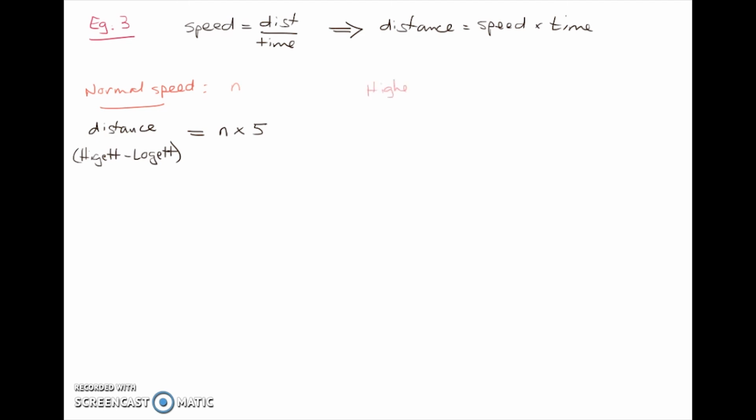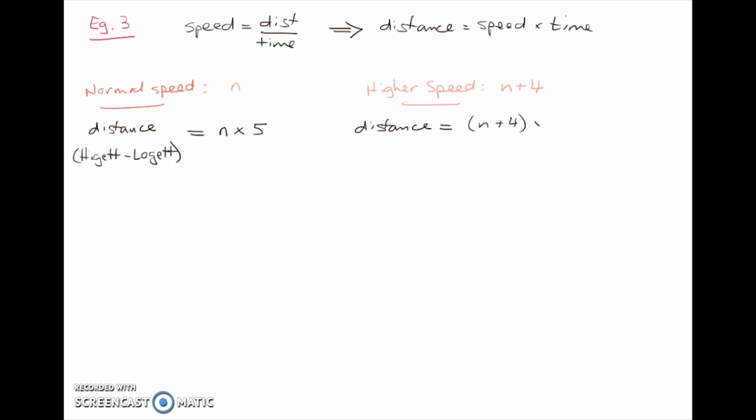At his higher speed, which is 4 kilometers per hour more, so in other words, his higher speed is n plus 4, the distance, which is the same, will be equal to n plus 4 times the time taken to get there, which is half an hour less.